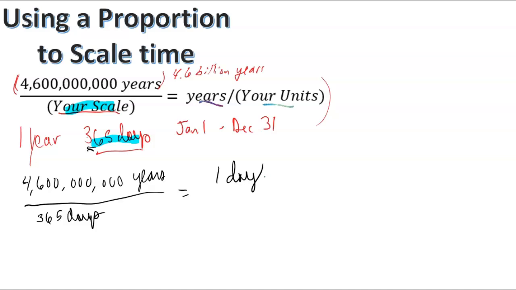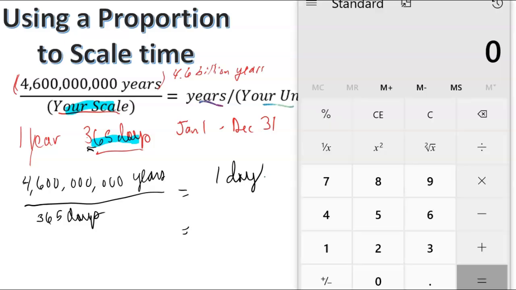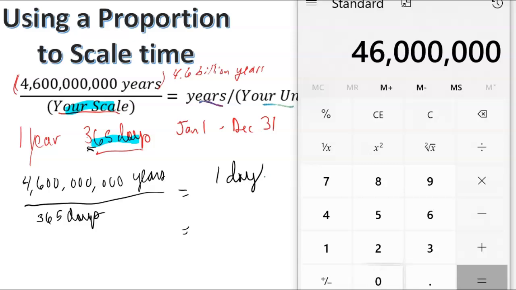So we are going to go through and divide that. I pull up the calculator here. We're going to type in 4.6 billion, so we can make sure we get the right number of zeros there. When we look at that, we can see there's hundreds, thousands, millions, billions. It's also 4,600 million.